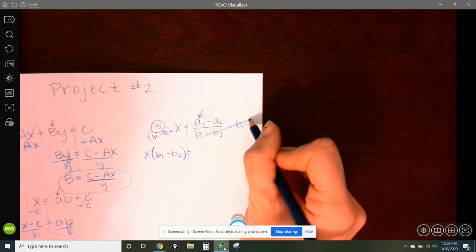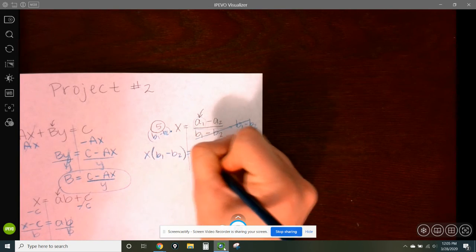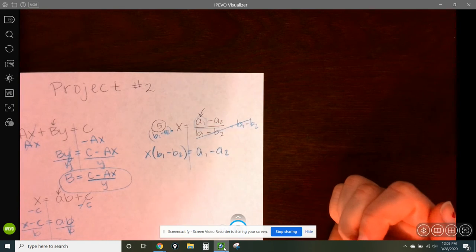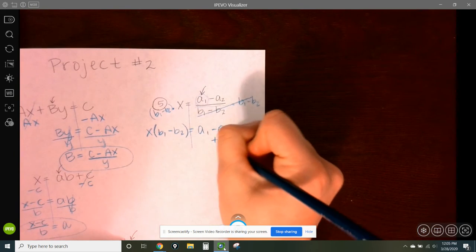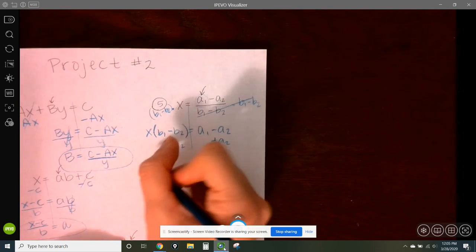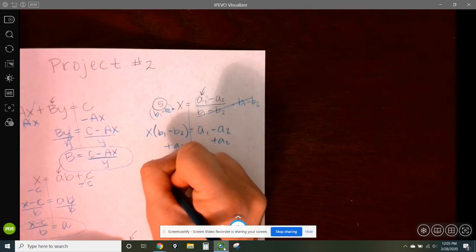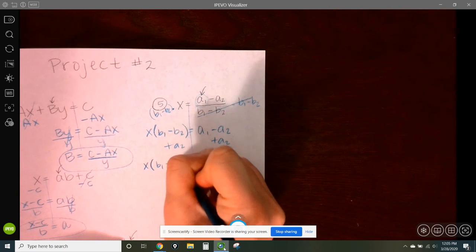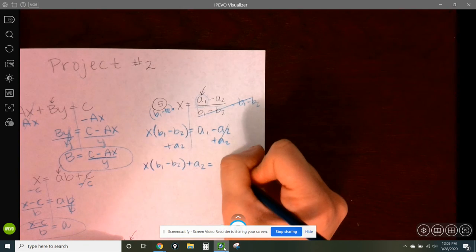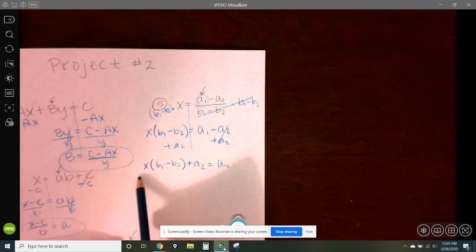Over here, my denominator cancels out, and I have a1 minus a2. I'm still trying to solve for a1. So now I can add a2 to both sides. So on the left, I end up with this x times b1 minus b2 plus a2. And on the right, I just have my a1.